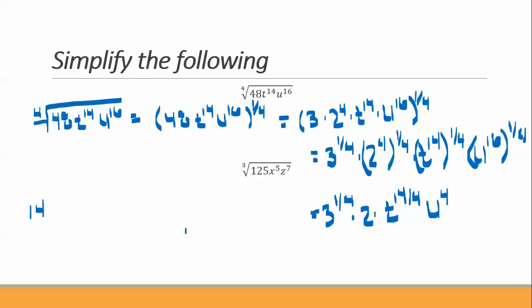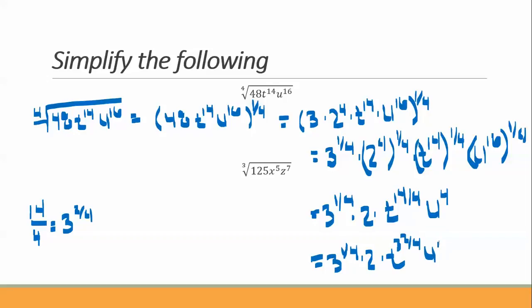14/4. 1/4 is a proper fraction. 14/4 is an improper fraction. So we're going to make that into a mixed number. That's equal to 3 and 2/4. So we have 3 to the 1/4 times 2 times t to the 3 and 2/4 times u to the 4th.